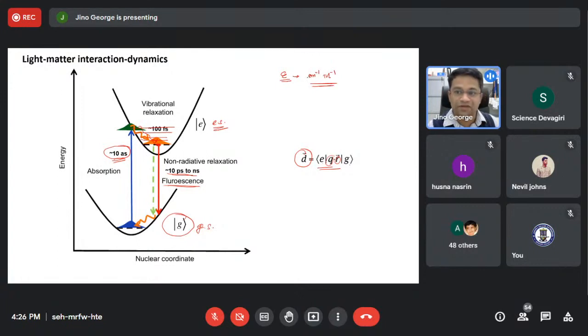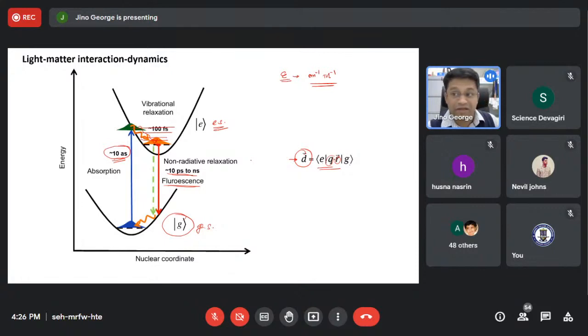I think in the first class I mentioned this very briefly. If you take a cross section per molecule, it tells you the ability of the molecule to absorb energy. It will tell you how much it can absorb light. So that comes from these transition probabilities. So this is called the transition dipole moment.